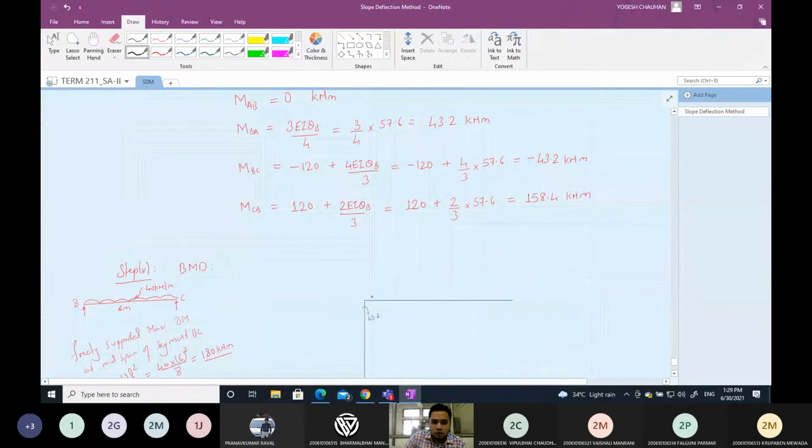At B this is minus 43.2, that means it is acting anti-clockwise.